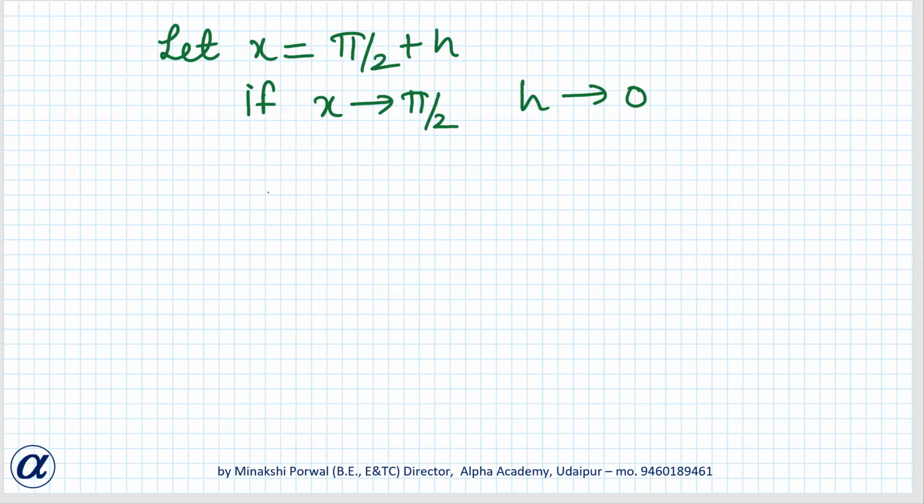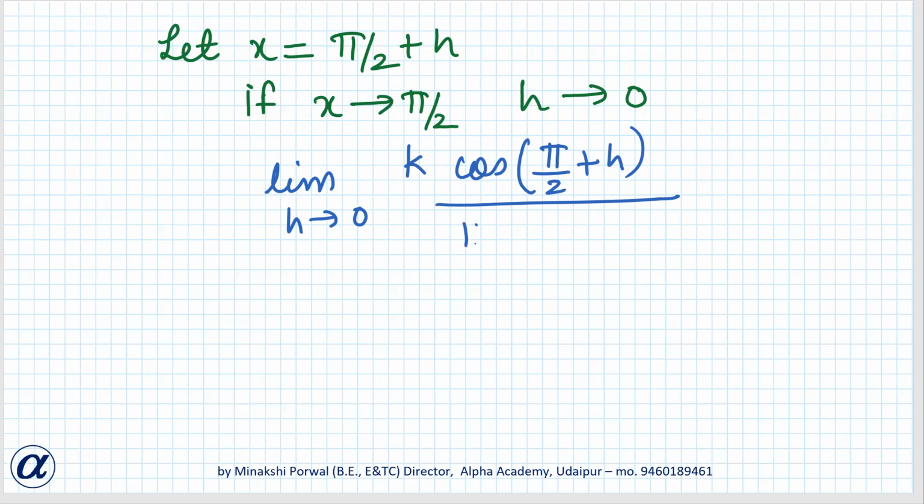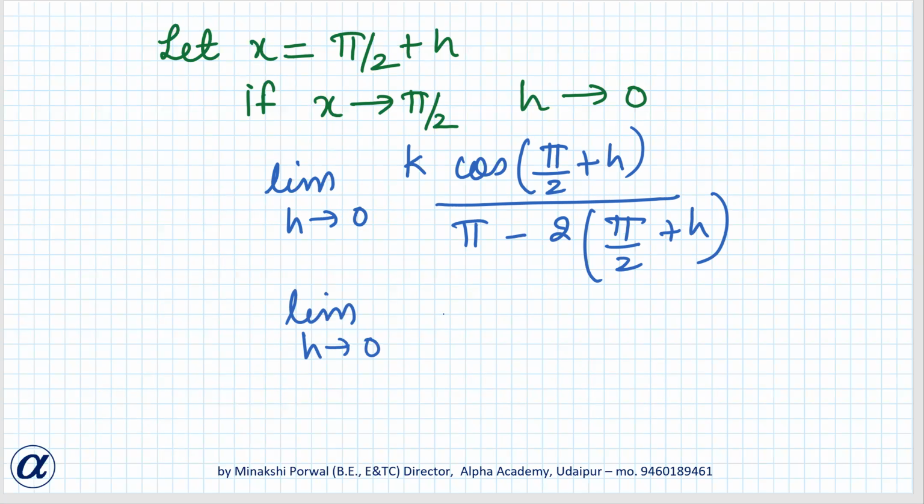So now limit h tends to 0, k cos of pi by 2 plus h upon pi minus 2 into pi by 2 plus h. Now cos 90 plus theta is minus sin theta, so it will be minus sin h. In the denominator, when we open the bracket, 2 and 2 will cancel, pi and pi will cancel, it is minus 2h.